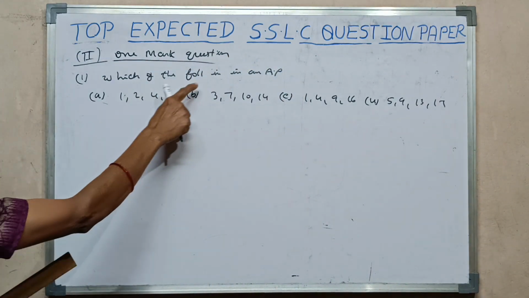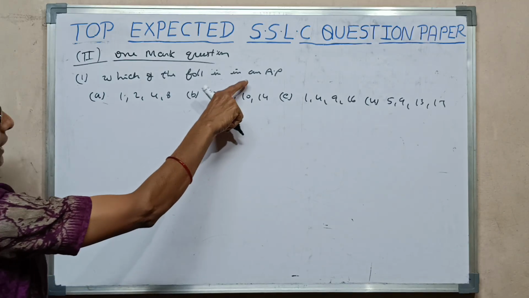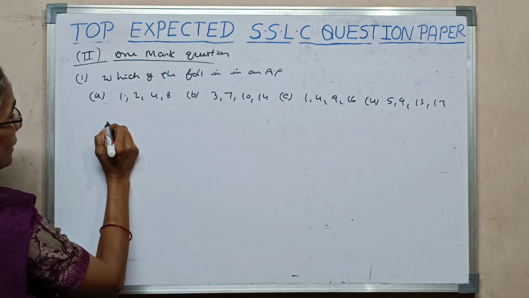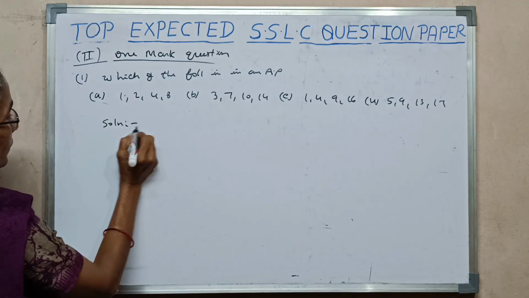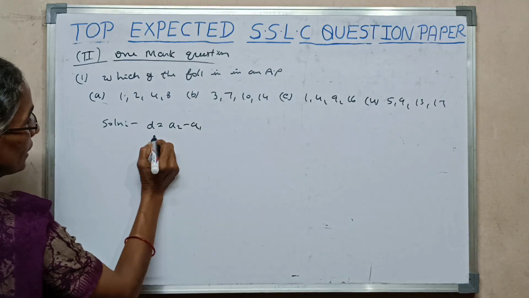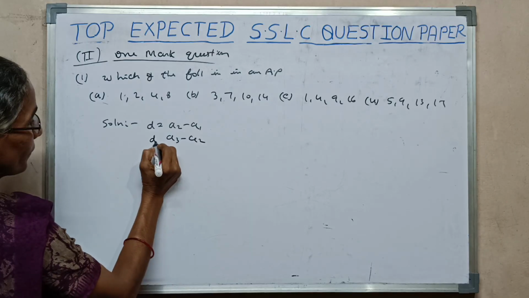So which of the following is in AP? For finding AP, we have to see that the difference is constant, that is, a2 minus a1 is the same as a3 minus a2.